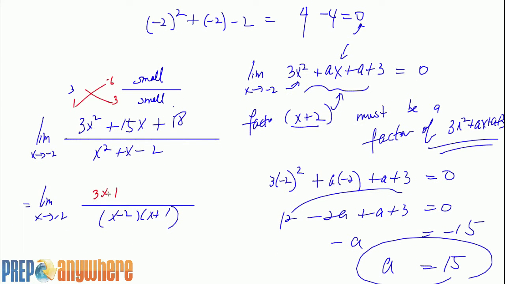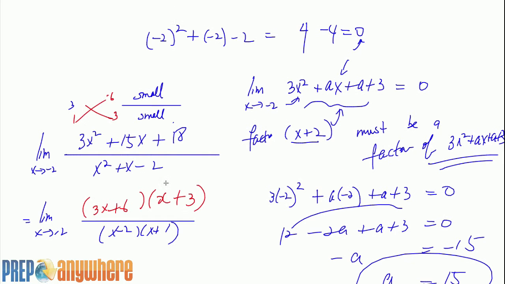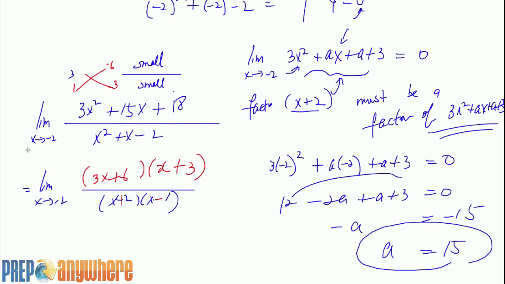So you get 3x plus 6 and an x, an x plus 2, x plus 3. Okay, I just realized I factored the bottom part incorrectly. This should be plus and that should be negative. I switched the sign. And I knew that that was the case because I knew that the factor that needs to turn into 0 by plugging in -2 is x plus 2.